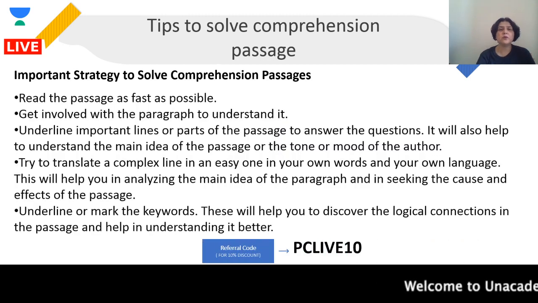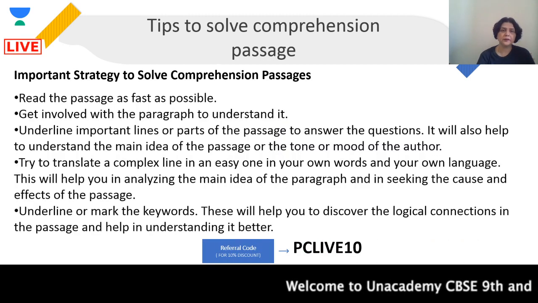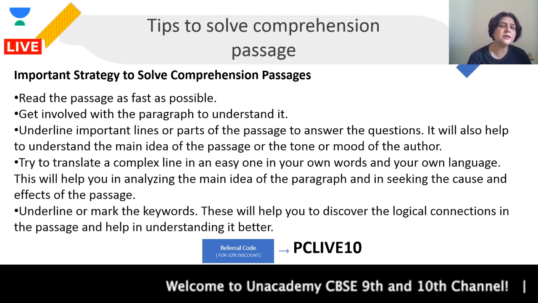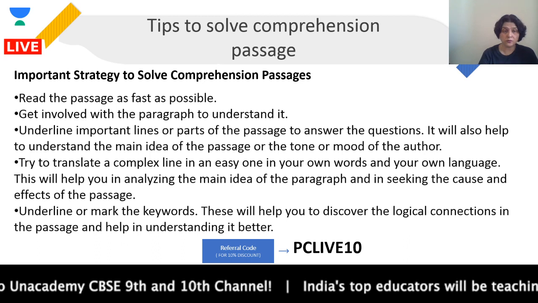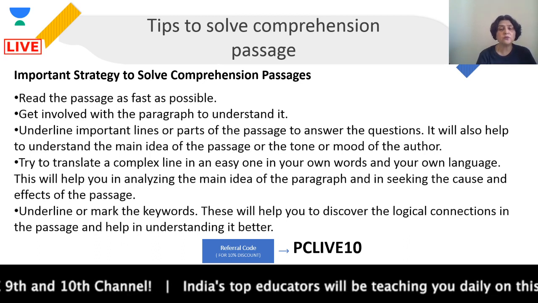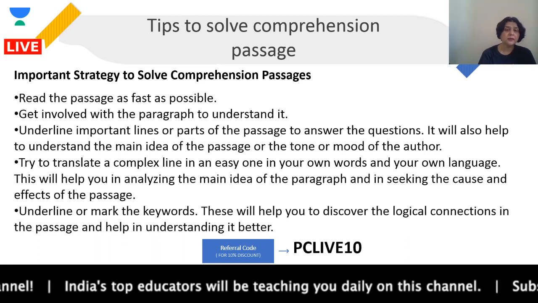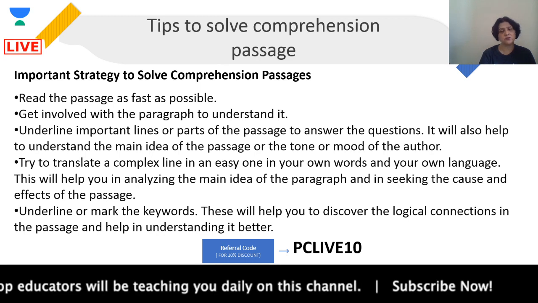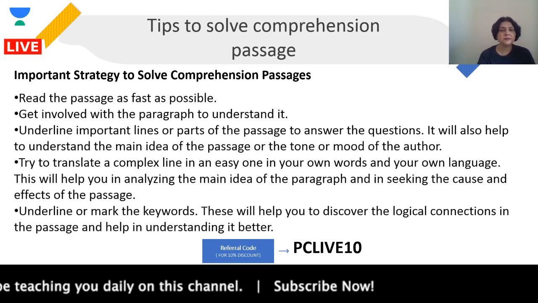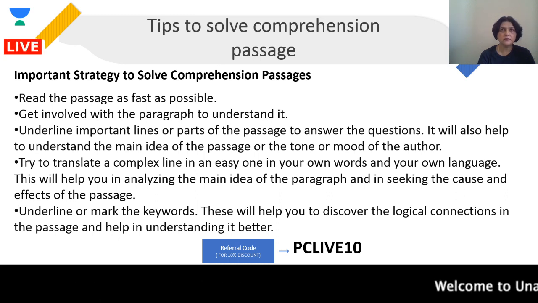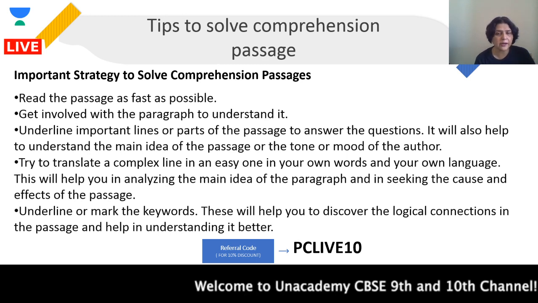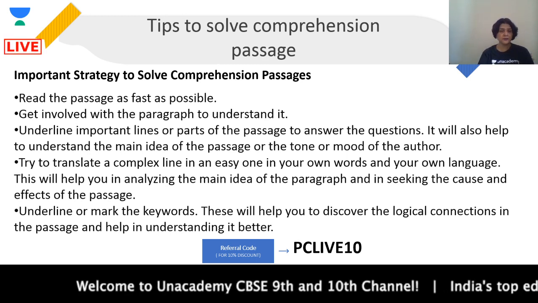Now, some of the important strategies. The first and foremost: read the passage as fast as possible but not too speedily. When you read it for the first time, the first reading has to be a little fast, but the second reading has to be a little slower than the first attempt, because at that point of time you will have to read between the lines.